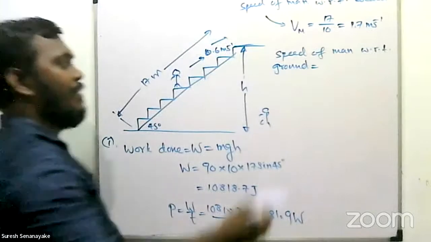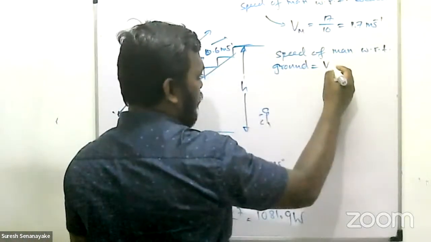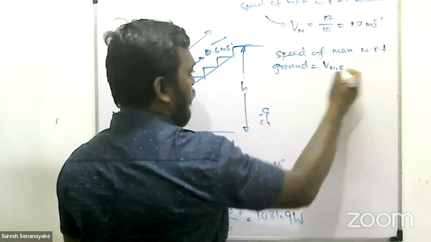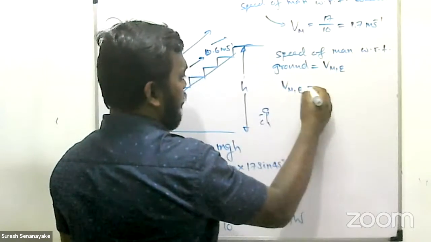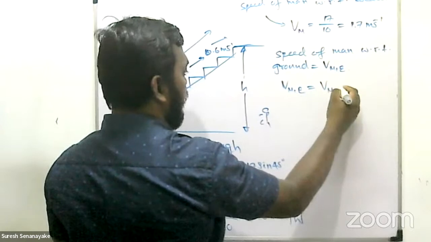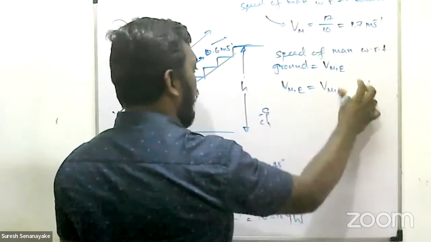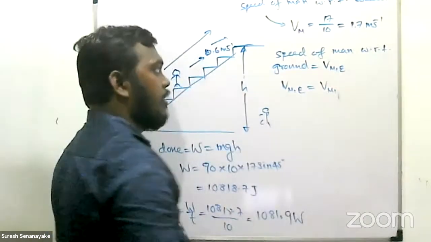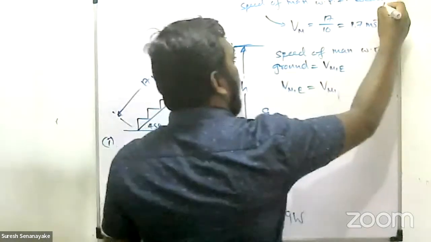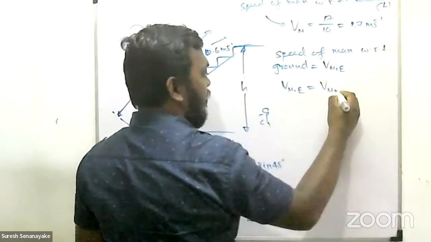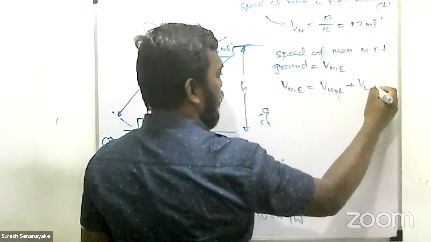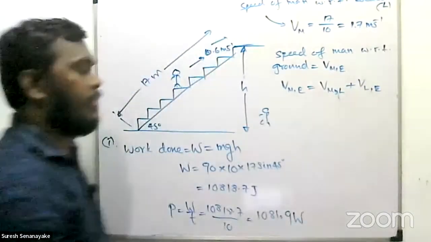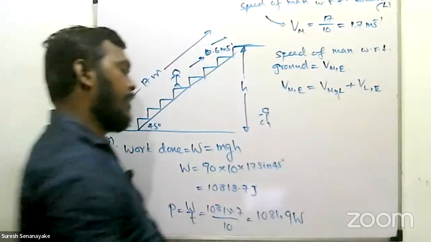Now the speed of the man with respect to the ground, let's say this is V_ME, that equals V_M relative to the escalator. I'm taking the letter L here for the lift.